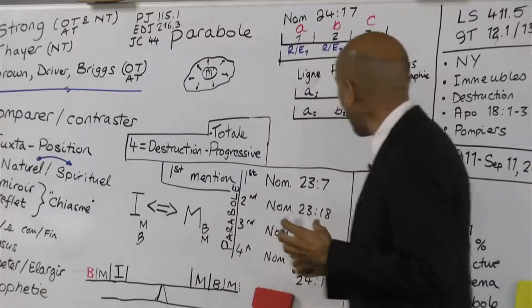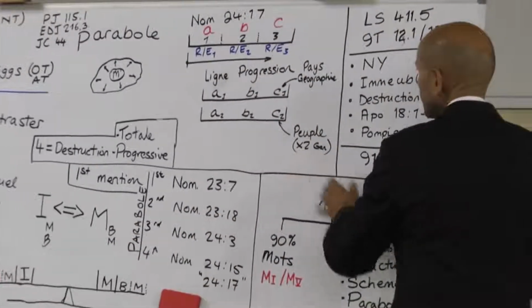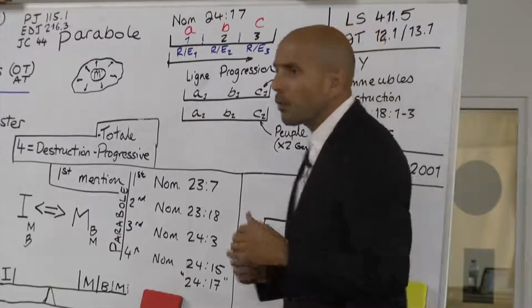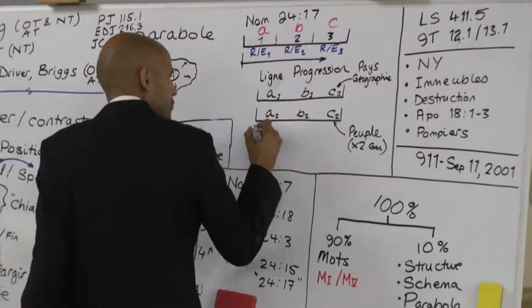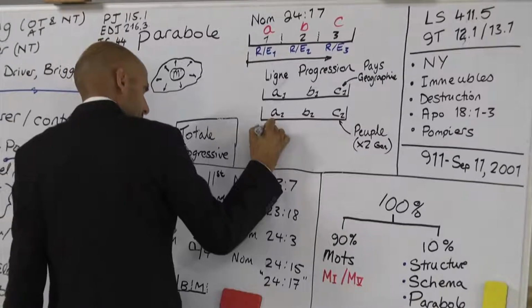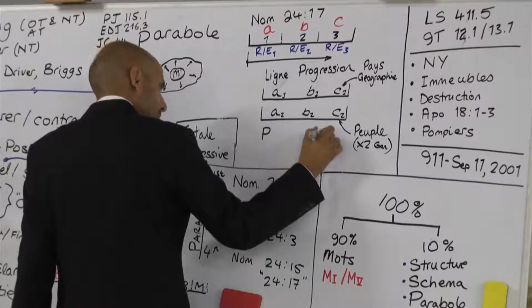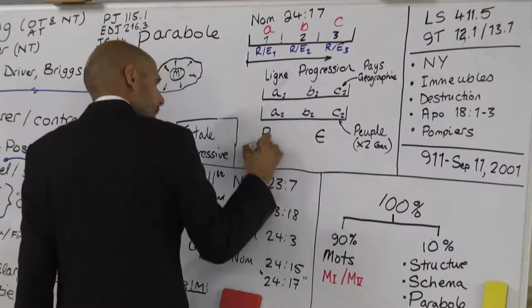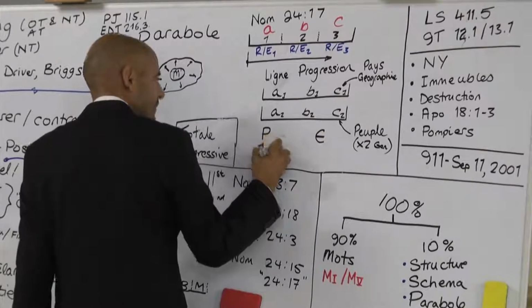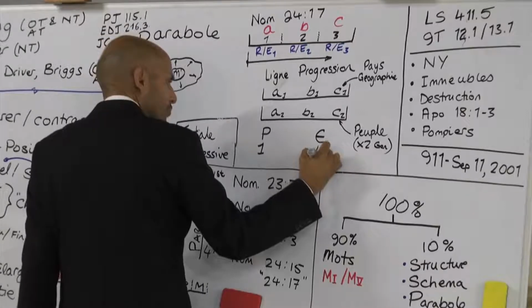So when we talk about two, it can either be two generations, the parents and the children, or the parents are the first generation and the children are the fourth.